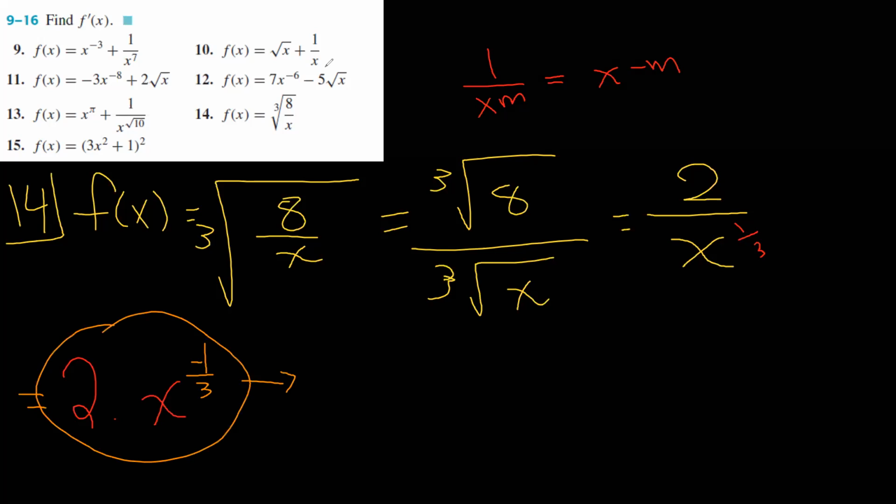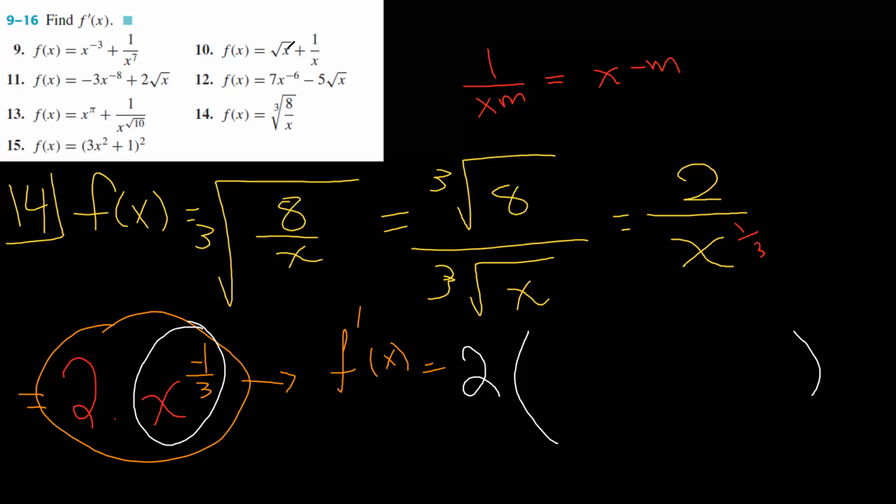I want now to find the f prime of x. The first step, I will keep 2 outside. Then this one, which is x raised to the power negative 1 over 3, can be differentiated. So it will be negative 1 over 3 x raised to the power n minus 1: negative 1 over 3 minus 1.